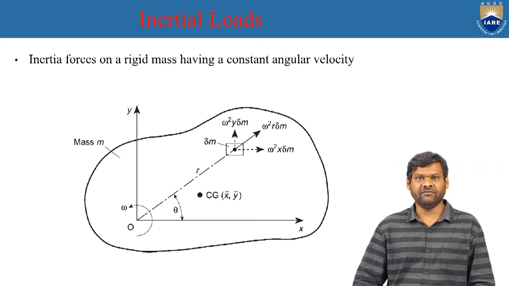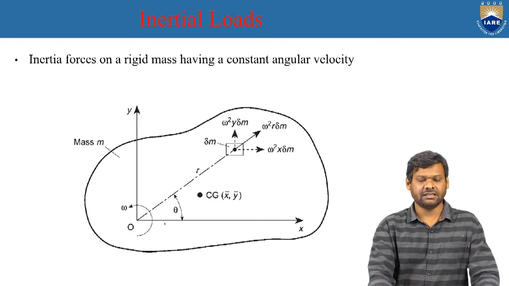body, and we model the rigid body as an arbitrary body with arbitrary sections. This is an arbitrary section of a body, and you may observe that there are axes x and y.